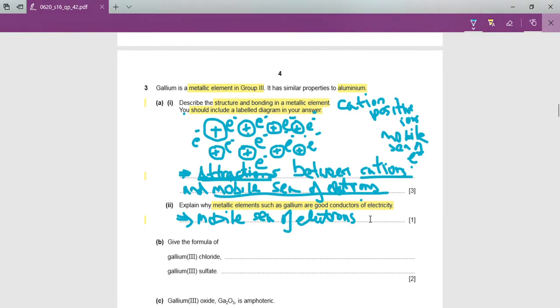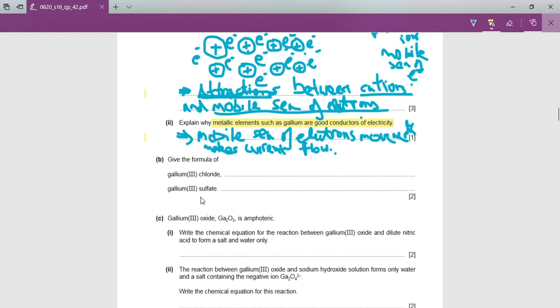The movement of these mobile sea of electrons makes the current flow. Yep, that's it. Which makes sense, to be honest. If you do electrolysis or voltaic cells, the electrons are the ones that can pretty much give you the voltage, which does make sense.